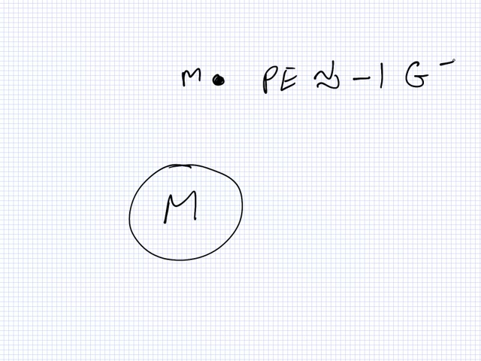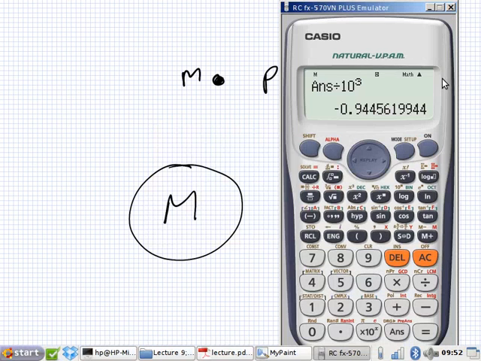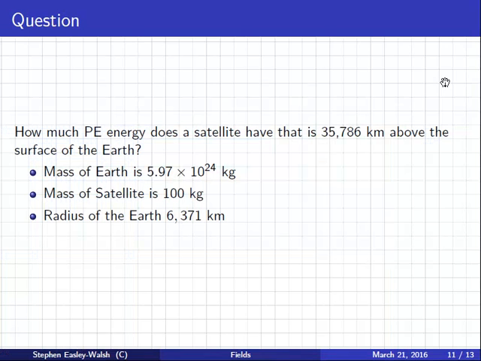So here, the potential energy is about minus 1 gigajoule. So if you want this satellite to be free, to leave the Earth and to explore space, how much energy do you need to give it? 1 gigajoule. Yeah.